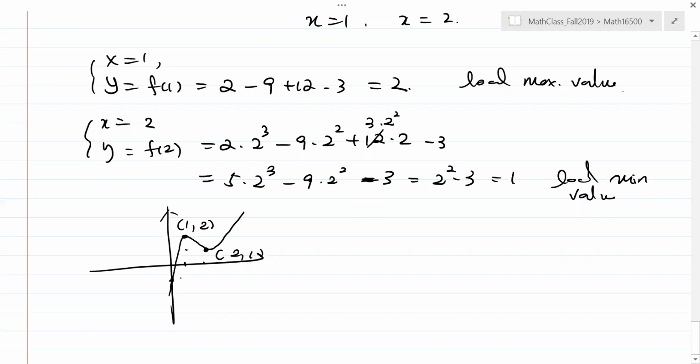How do you find the y-intercept? Well, it's easy. Just let x be 0 and plug in, so the y-intercept will be minus 3. From this picture, I can tell there's only one x-intercept, but it's not easy to find. It's between 0 and 1. From the graph, you can tell that.